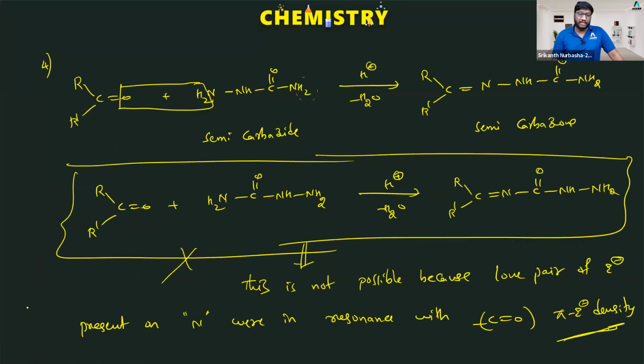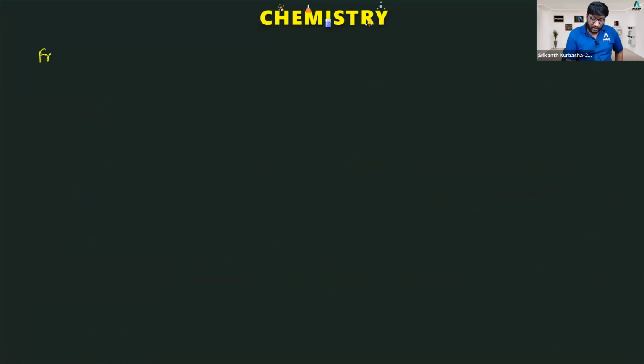So these are all the different examples of nucleophilic addition reactions. Then you can also look at free radical addition reaction. Can anyone give an example of a free radical addition reaction?